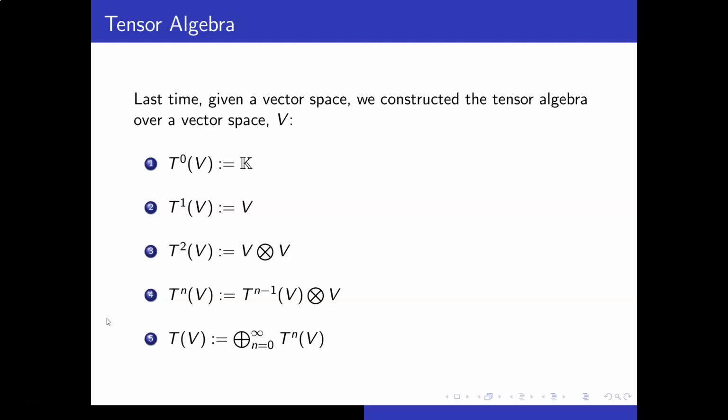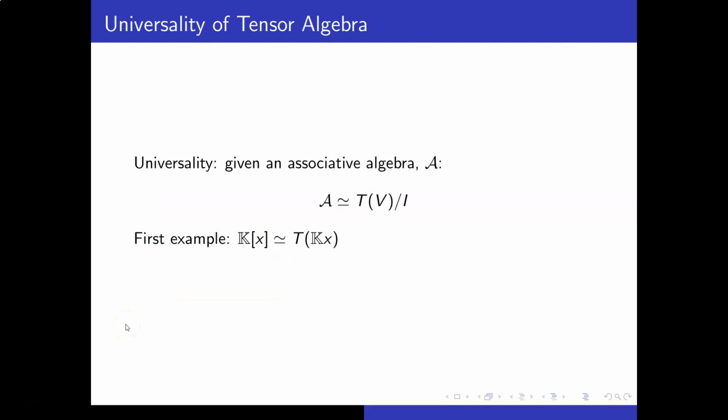The thing to remember about the tensor algebra is that it is what we refer to as a free algebra. So it has the most free associative product on it. When I take V and I tensor it with W, I get V tensor W. I just get what you get when you multiply those two things together. Now, the reason we want this is the tensor algebra gives us something referred to as universality.